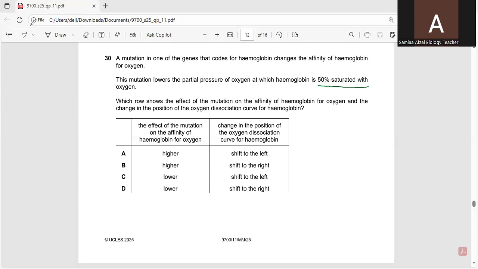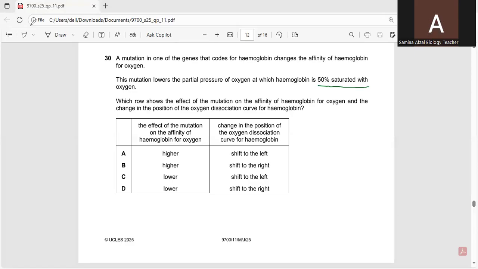The first is the effect of the mutation on the affinity of hemoglobin for oxygen and the change in the position of the dissociation curve for hemoglobin. Let me explain this question again. It states that a mutation causes hemoglobin to be 50% saturated with oxygen at a lower partial pressure of oxygen compared to normal.